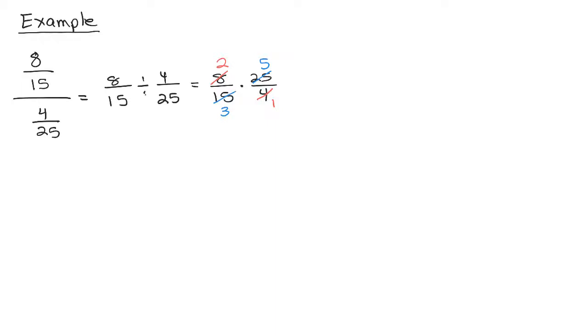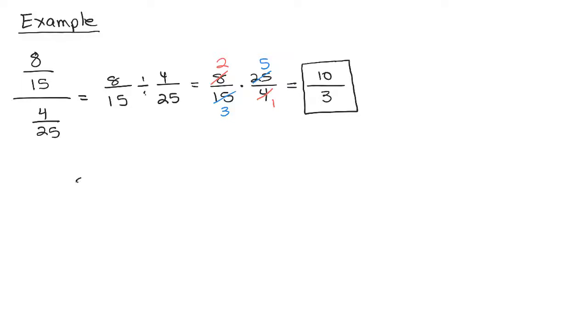And so in the numerator, I have 2 times 5, which is 10. In the denominator, I have 3 times 1, which is 3. And we just leave our answer as a fraction. No need to write it as a mixed number. In fact, usually it's preferred that you leave it in that form. Okay, that was method 1.